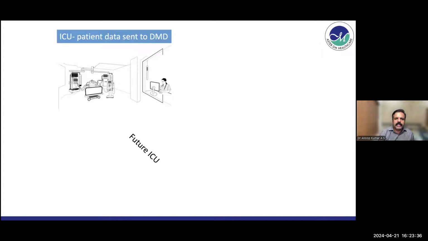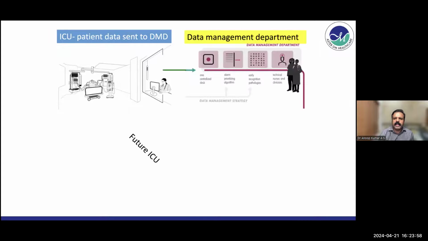Then in future ICU settings, when you have an effective tele system, etc. Nowadays we have data output from the ventilators, monitors, syringe pumps, etc. in all tele-ICUs and paperless ICUs. I think some of you will be working in such ICUs. There, this data will be sent to the main station, and the data management will be there.